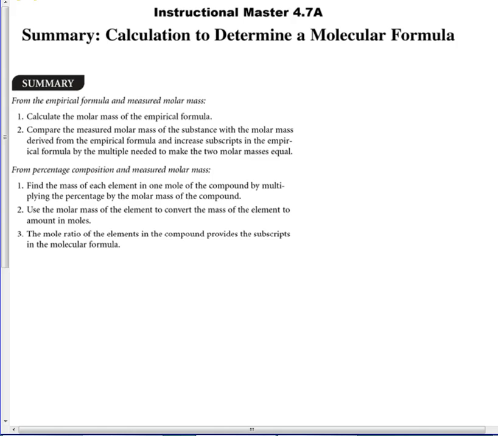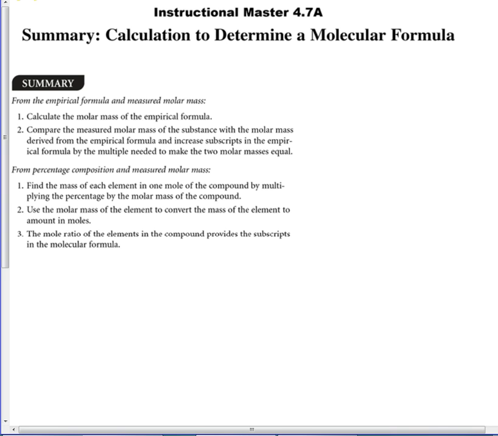Summary of how to calculate a molecular formula from empirical formula and measured molar mass. Well, from empirical formula, if that work has already been done for us, then we're calculating the molar mass of the compound, and we're comparing that to the actual molar mass derived from the mass spectrometer.